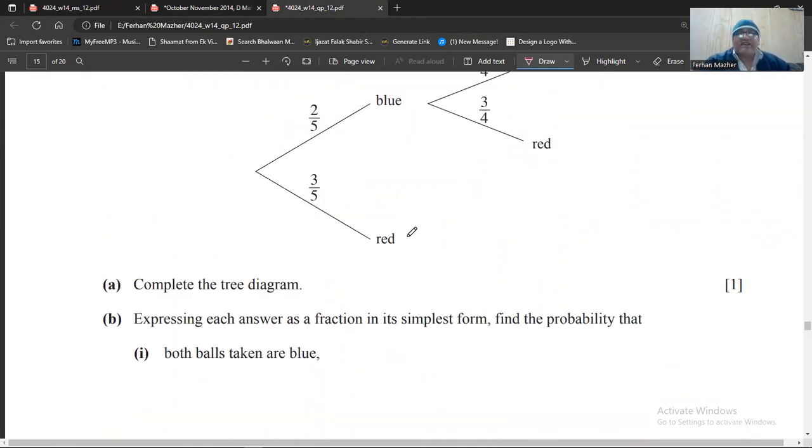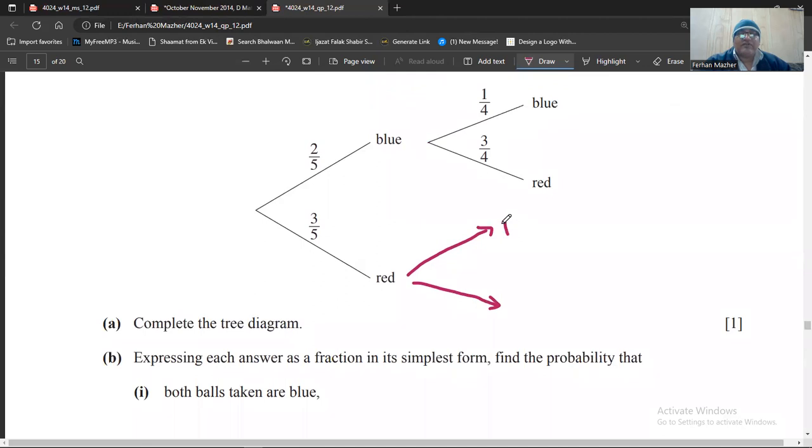If the first ball is red, then you put it back, so the total will not change. It will remain 5. Getting the blue will be 2 by 5 and getting the red again will be 3 by 5, because when a red ball came out, they put it back.